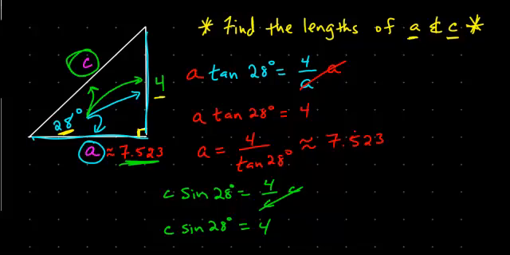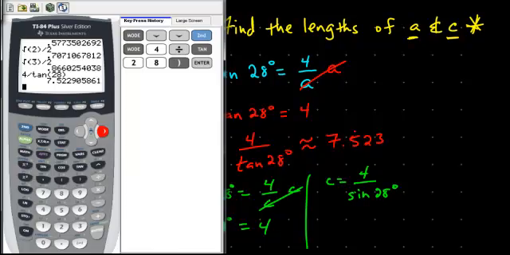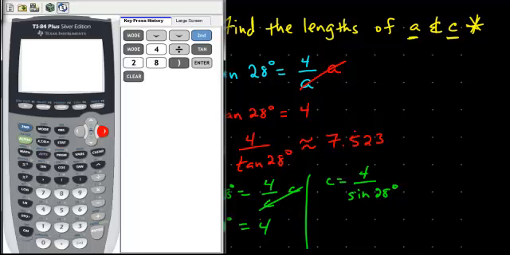Now dividing out by the sine of 28 degrees, we get that C equals 4 divided by the sine of 28 degrees. Now I'll go back to my calculator. Let's clear everything out and say 4 divided by the sine of 28.